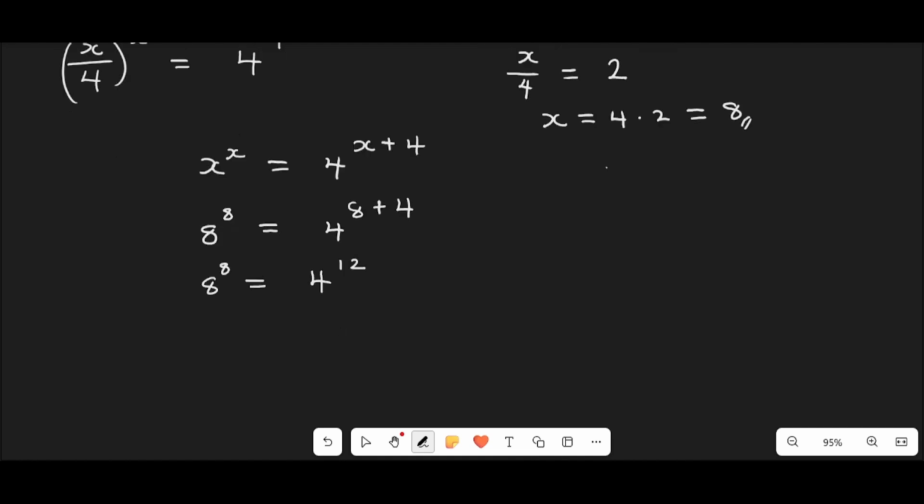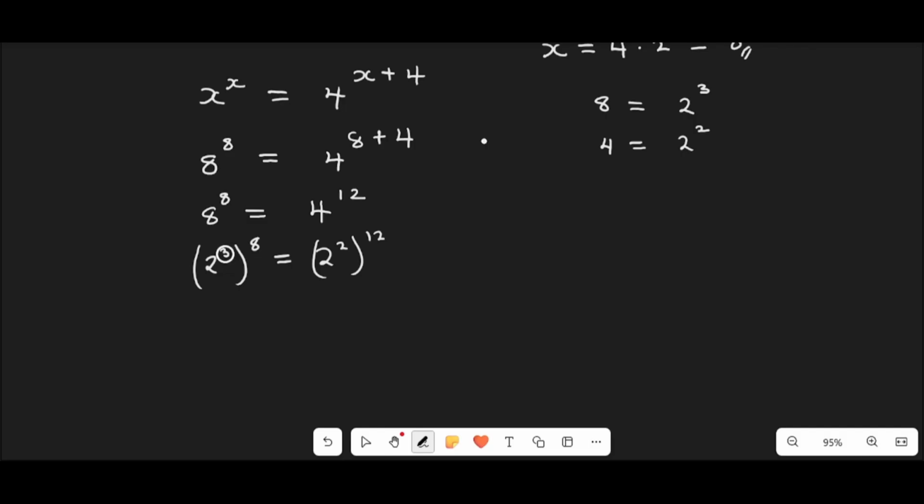We know that 8 is equal to 2 raised to power 3, and also 4 is equal to 2 raised to power 2. So let us substitute 2 raised to power 3 for 8 and 2 raised to power 2 for 4. So we are going to have 2 raised to power 3 all raised to power 8 equal to 2 raised to power 2 all raised to power 12.